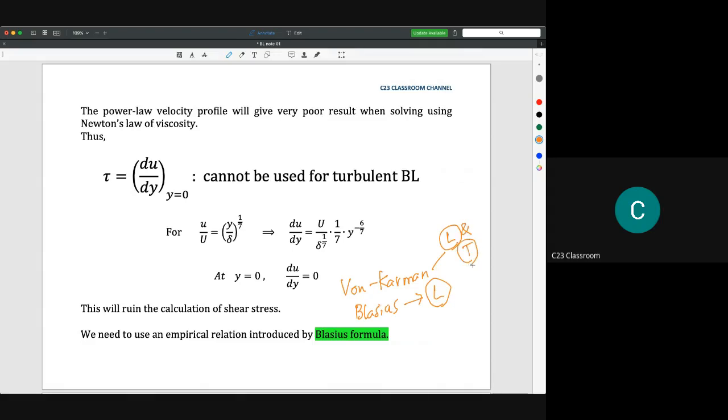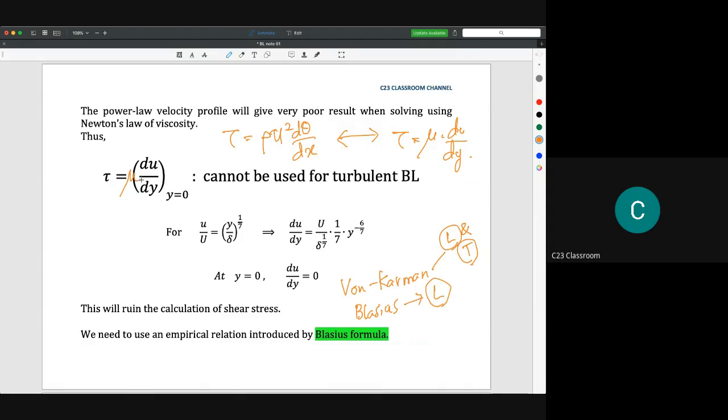If you remember, in a laminar boundary layer, if we calculate using the von Karman equation, first we have the von Karman equation, tau equals rho U squared d theta dx, and then we equate it with the shear stress tau from Newton's law of viscosity, which is equal to mu du dy. So we have mu here. But this is the turning point, the important part in the turbulent boundary layer.